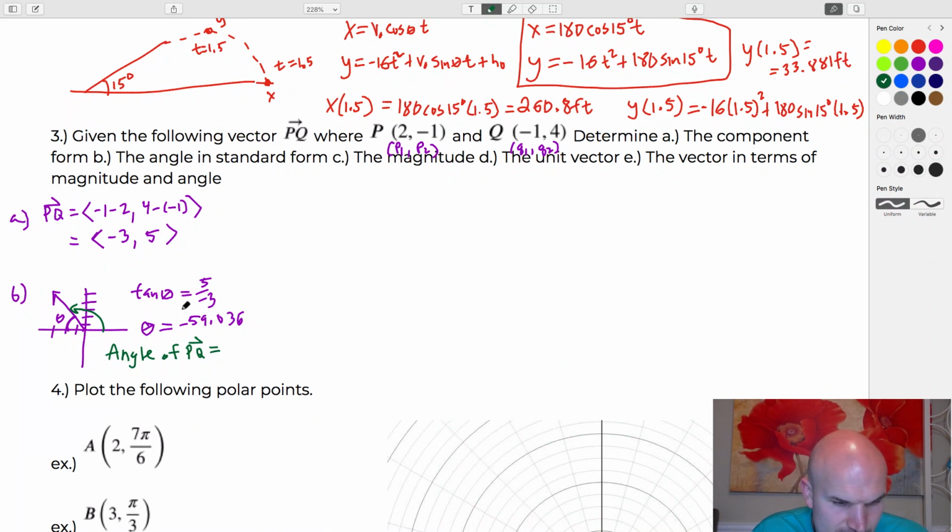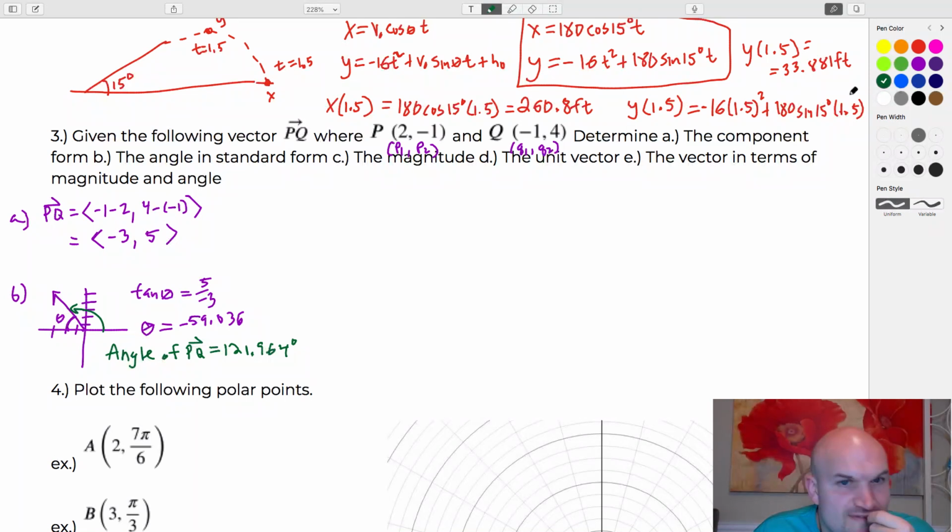So 180 minus that is going to be 120.964 degrees, right? So basically what I did is I took 180 minus the positive version of theta to give that. So the green represents the 121.96. And again, you could give it another name, but don't call it theta if you already used theta to find the angle in that triangle, okay?